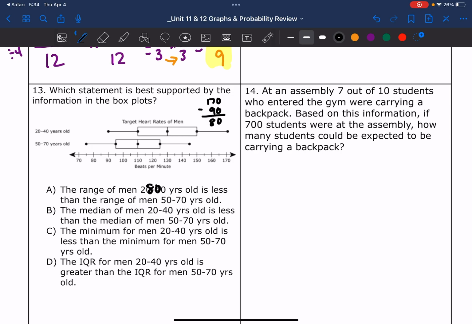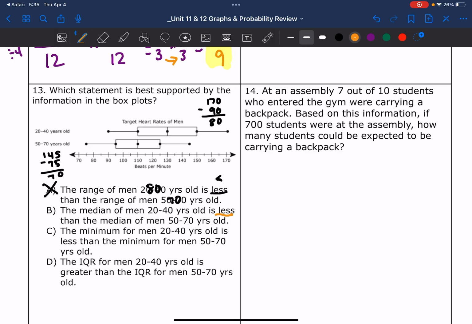Now 50 to 70, that is going to be 145 minus 75, and then 14 minus 7 is 70. So this is 70 here. So it says it's less. That's false. Okay, so it cannot be A. Let's look at B. The median of the men 20 to 40 years old is less than that of the median for men 50 to 70 years old.